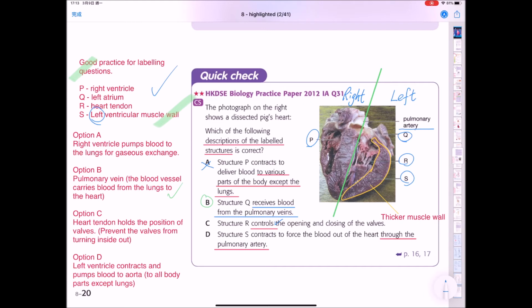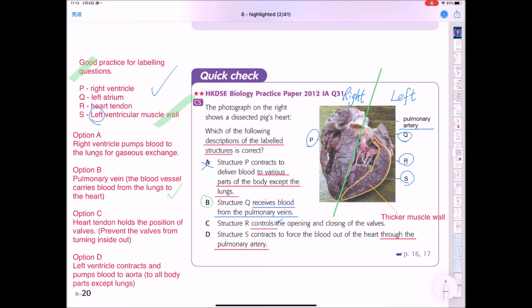In one video I have already talked about that: if we would like to think about the condition of the valves being opened or closed, the first step is to determine the blood pressure difference.